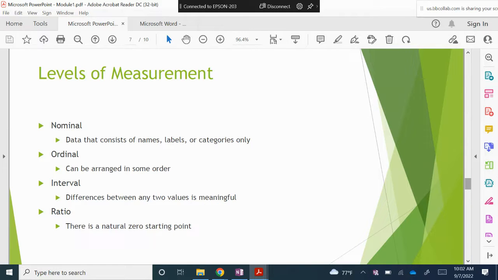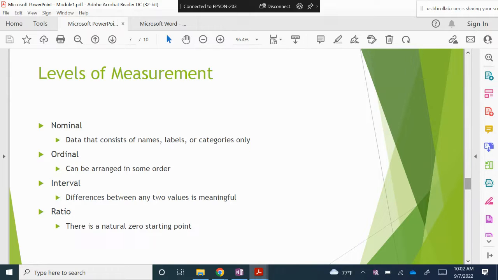Nominal data are data that consists of names, labels, or categories. So mainly like qualitative, right? But it has a name, a label, a category. Ordinal data are data that you can put in an order. There's some rank to it, like always, never, sometimes, that kind of thing.